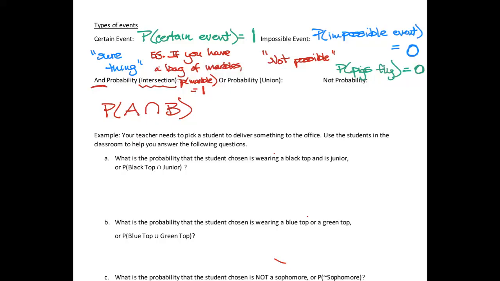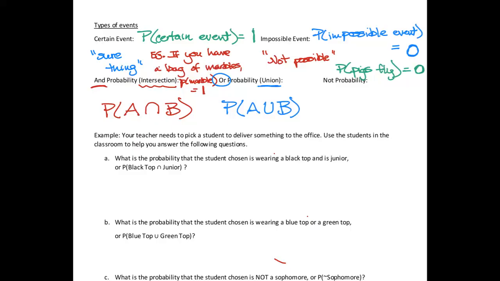A union. A union is the word or. This is written as the probability of A union B. It means we want A or B. We want everybody that we can, but we don't want anybody that's in an overlap.